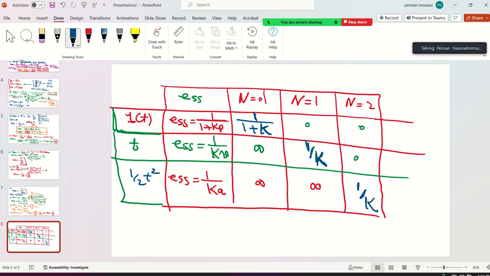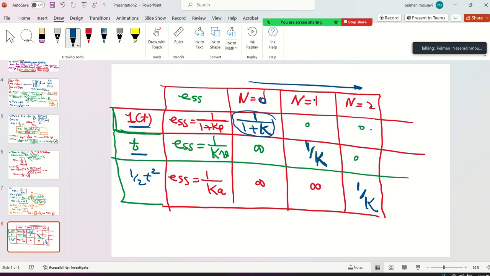You got it, everybody? This direction shows adding integrators: N is 0, no integrator, 1 integrator, 2 integrators. For the unit step, we have a bounded error signal, and by adding one integrator, 0, 0.